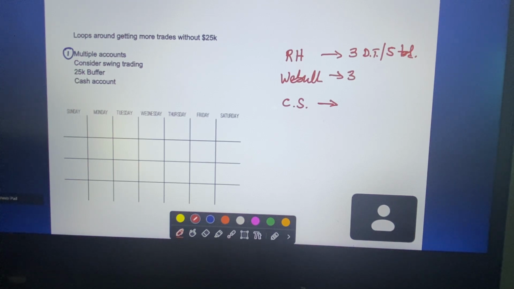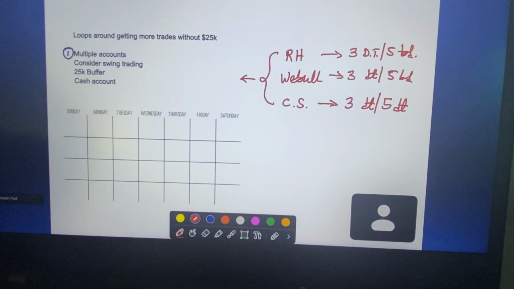Webull has its own 3 day trades for 5 business days. And Charles Schwab has its own 3 day trades for 5 business days. This means collectively, with 3 accounts, you now have 9 day trades for that same 5 business days.